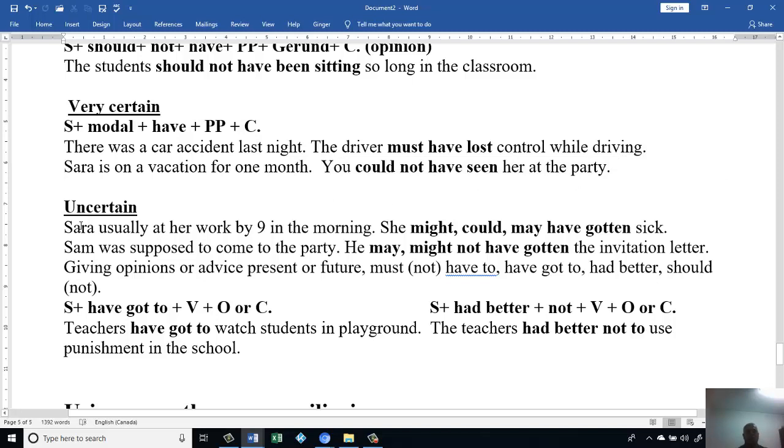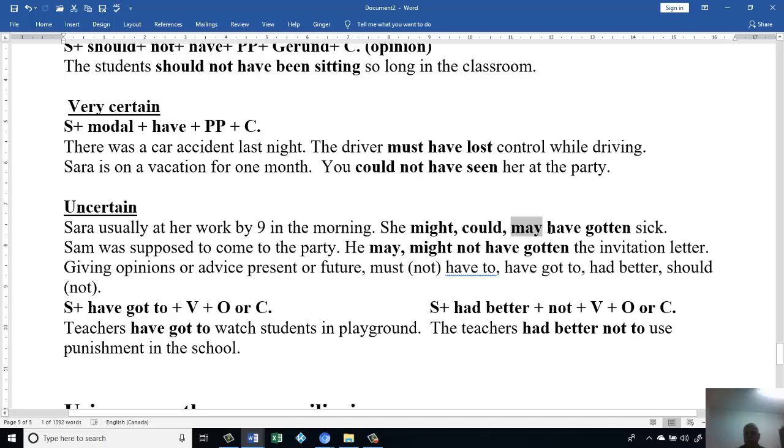Or sometimes we have uncertainty. Sarah is usually at work by 9 in the morning. For example, we know definitely this has happened. Then we have to make it uncertain. Sarah could be, might. Sometimes we could use could, or sometimes we could use may. All three are possible to use for uncertainty.